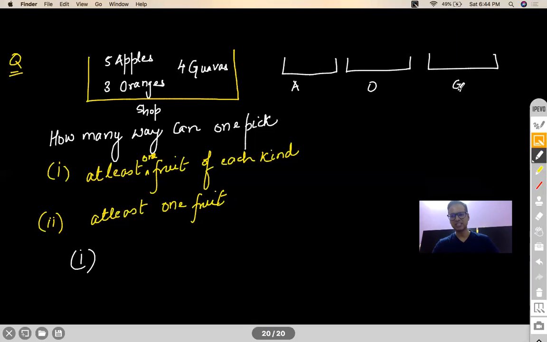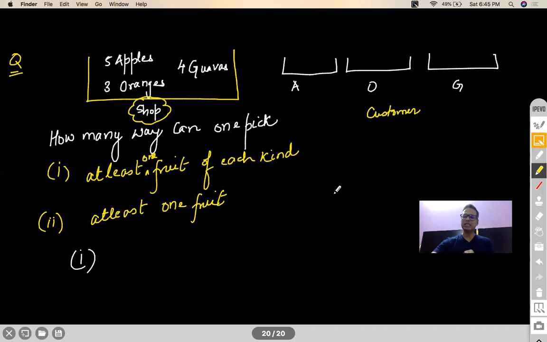Let's say you are a customer. You went to this shop and your parent has asked you to pick at least one fruit. You see that this guy only has 5 apples, 3 oranges, and 4 guavas. And the mandate from your parent is you have to pick at least one fruit of each kind, whatever you see in the shop.